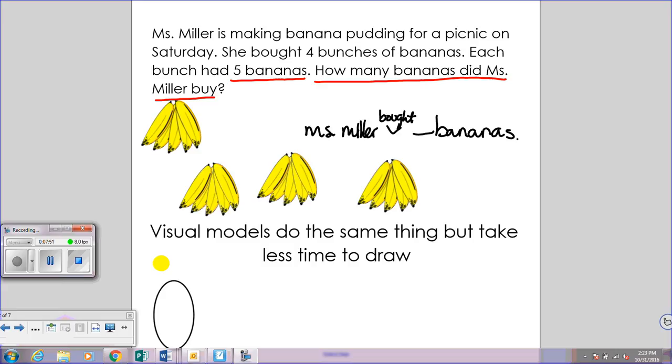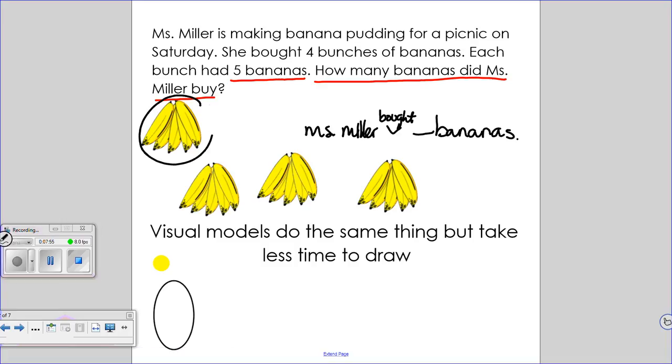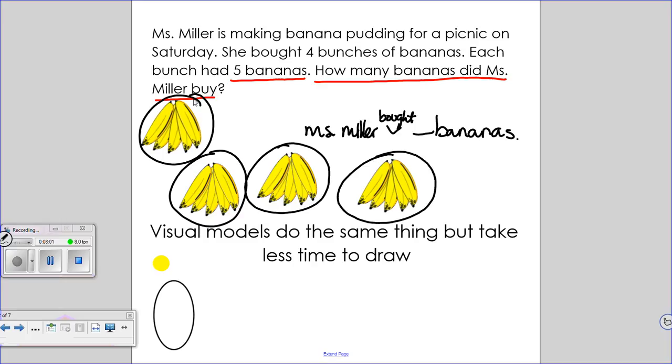Okay, so I have my 4 bunches. 1, 2, 3, 4, because I have 4 bunches, and then I have 5 bananas in each bunch, so 1, 2, 3, 4, 5. I have 5 in this bunch. 1, 2, 3, 4, 5. And I could do that for everyone to make sure that they all have 5.